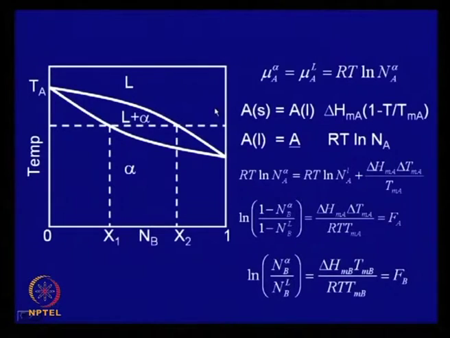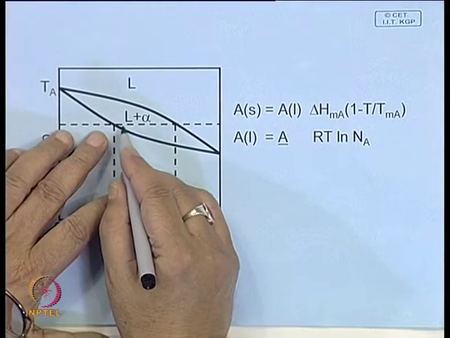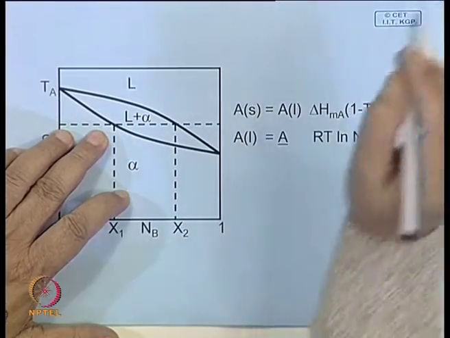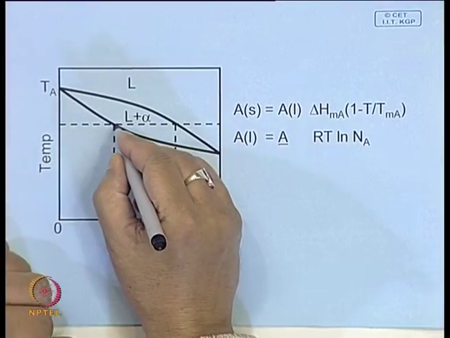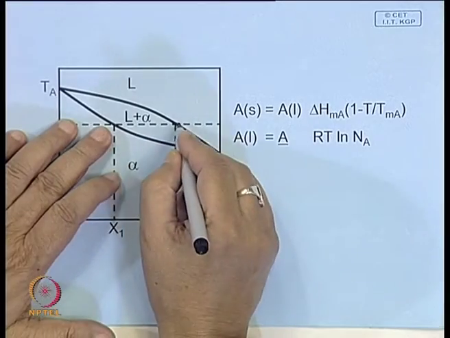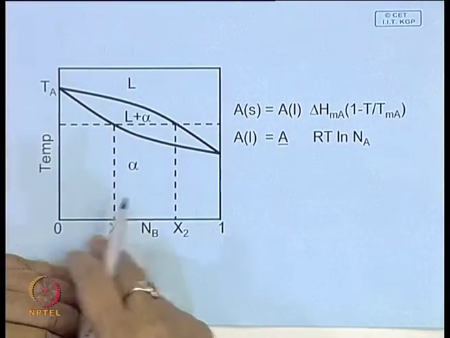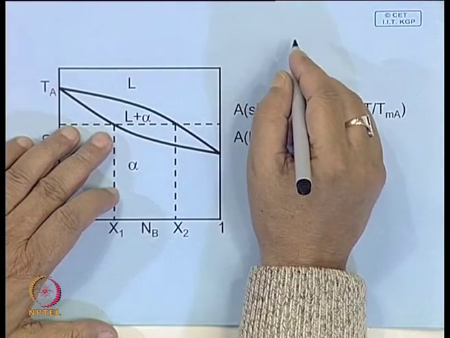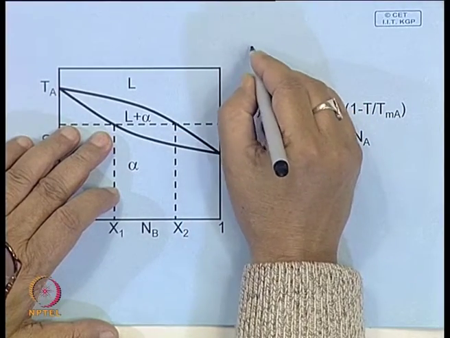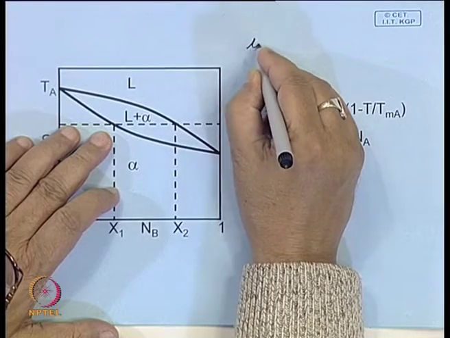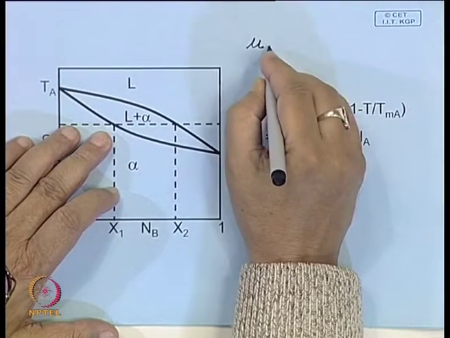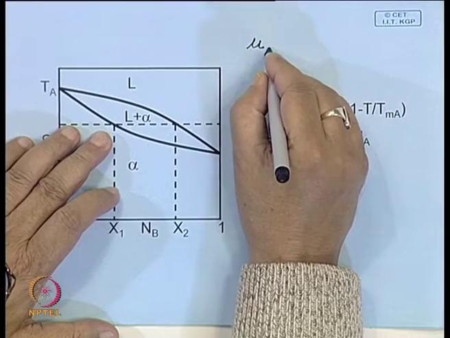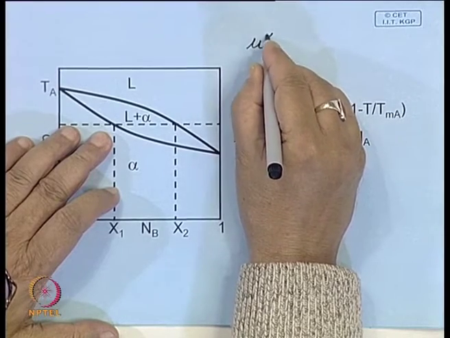Now, what you need to do is find out the chemical potential of A and B in the two phases which are coexisting. Suppose this is the chemical potential of, let us say, A in alpha.